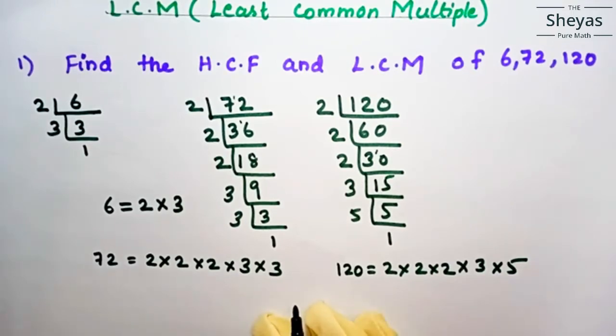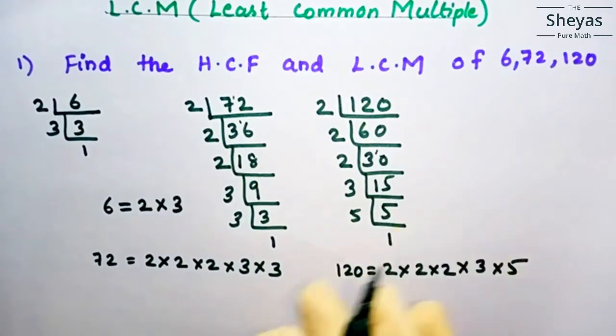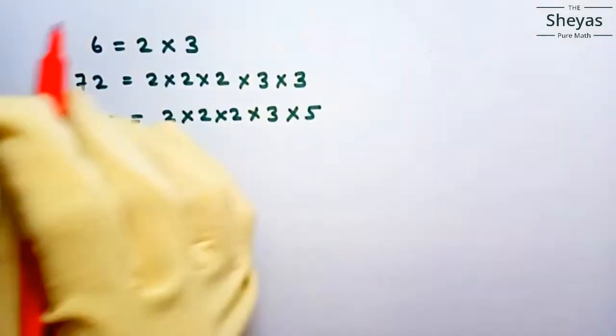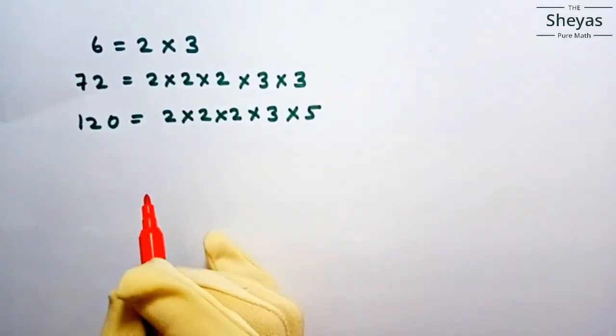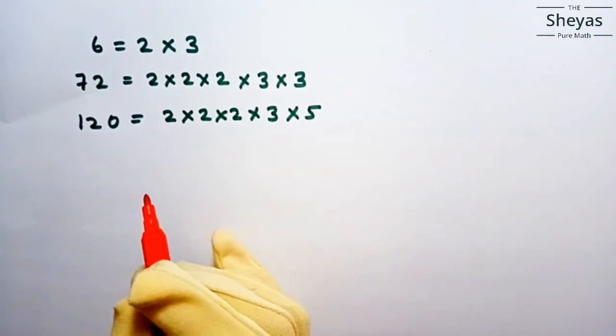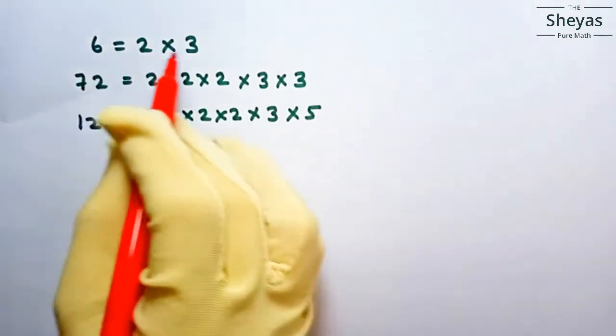Now we are going to find the HCF. We have applied the prime factorization method and we have found the prime factors of each. So I have written the prime factors. See first, what is HCF? Highest common factor. That is, you have to select the common factor. So here we have prime factors.